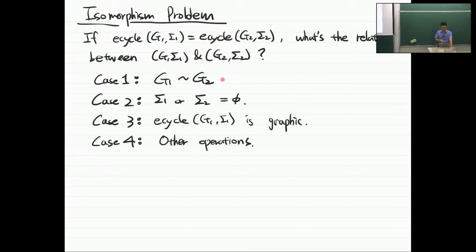For case 1, we assume that G1 and G2 are equivalent. For case 2, we assume that sigma 1 or sigma 2 is the empty set. For case 3, we assume that the Evencycle matroid is graphic, and we consider the other operations.